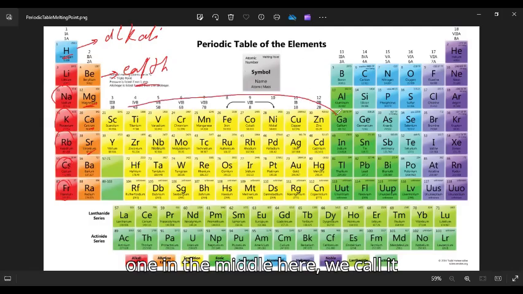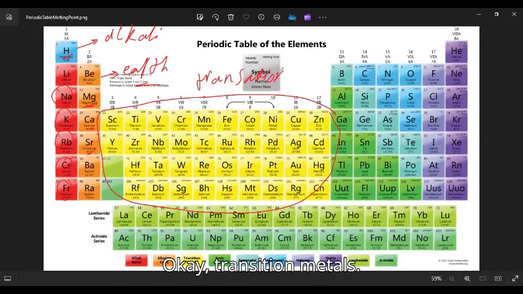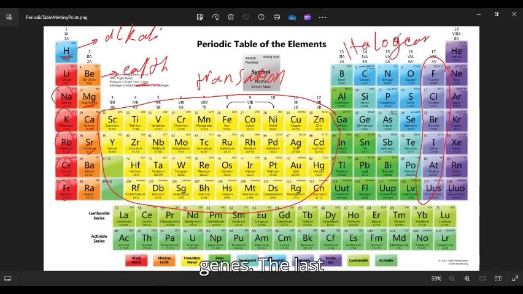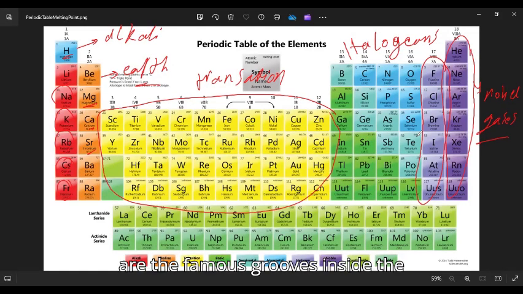The yellow one in the middle here, we call transition metals. Here, group number seven, we call halogens. The last group we have here is called noble gases. So those are the famous groups inside the periodic table.